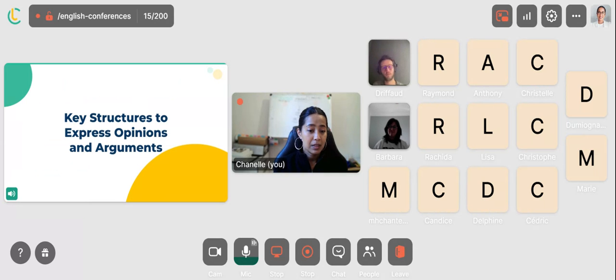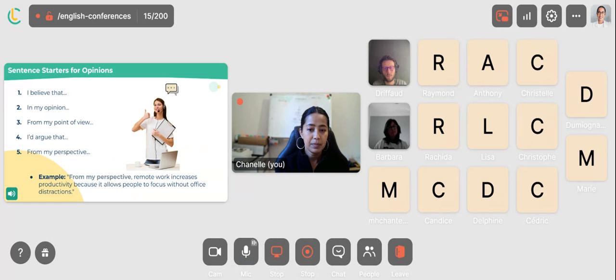So, key structures to express opinions and arguments. So, sentence starters for your opinion. You could say, I believe that, in my opinion, from my point of view, I'd argue that, so I would argue that, or from my perspective.